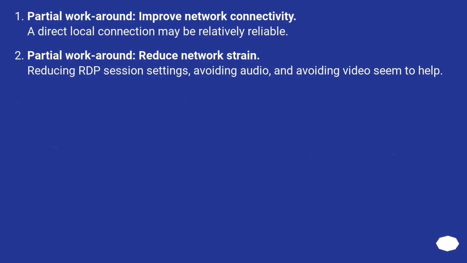Partial workaround: improve network connectivity. A direct local connection may be relatively reliable. Partial workaround: reduce network strain. Reducing RDP session settings, avoiding audio, and avoiding video seem to help.